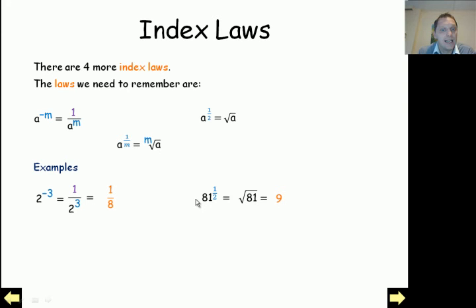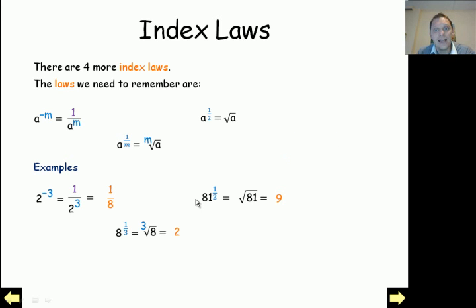As an example of this, I've got 8 to the power of a third. So this becomes the cube root of 8, and the cube root of 8 equals 2. One way of finding that is whatever number multiplied by itself 3 times would give me 8, and 2 times 2 times 2 gives us this 8.